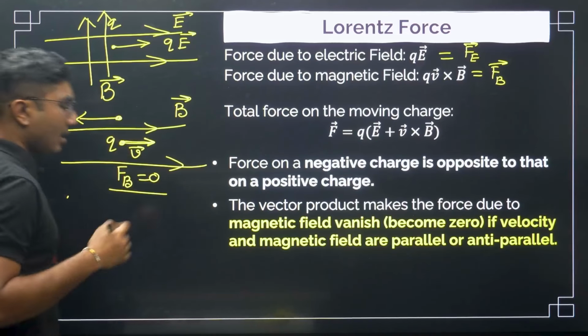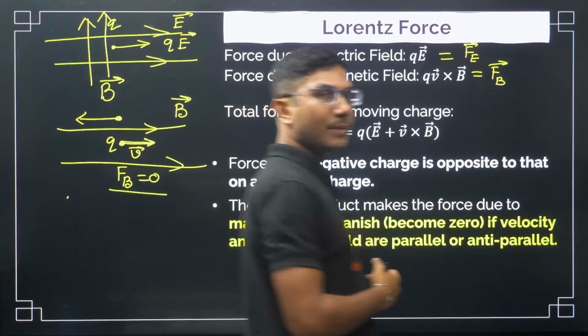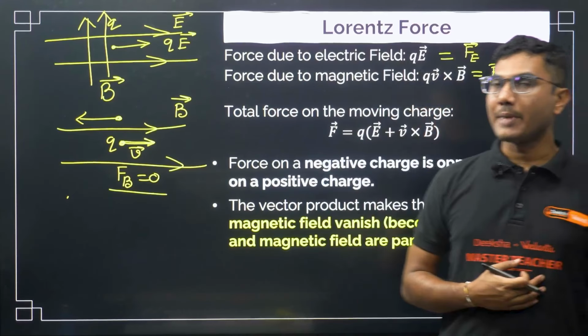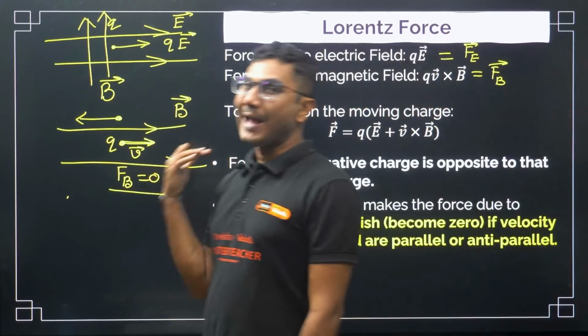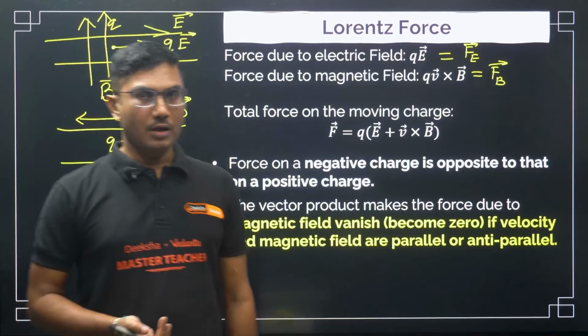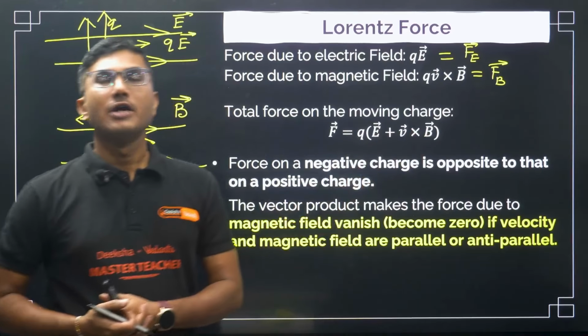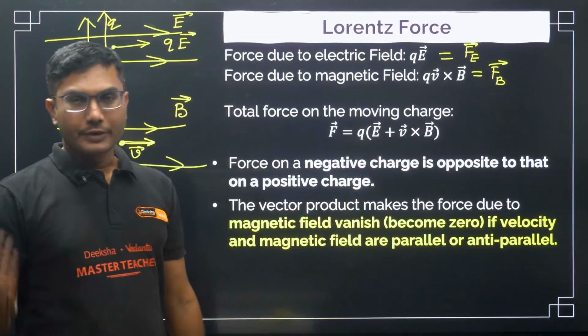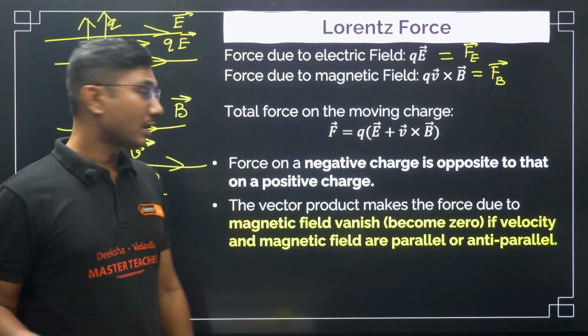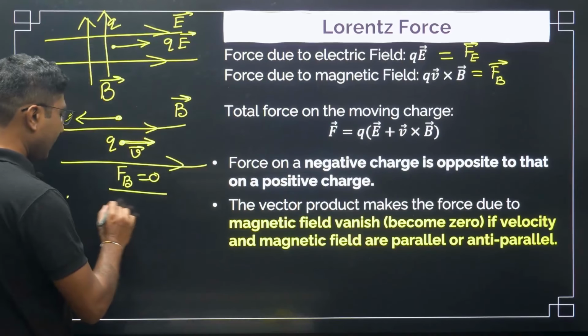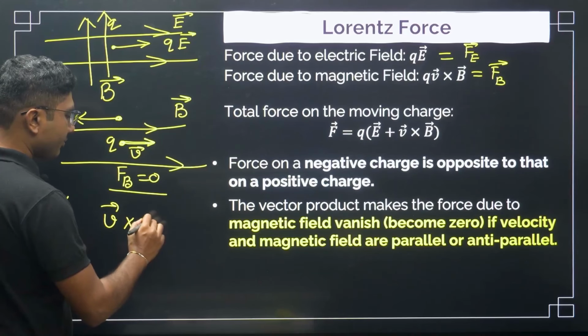If the particle is moving parallel or anti-parallel to the magnetic field, the magnetic force will be zero because it is V cross B. In terms of scalar quantity, what is the magnitude of V cross B?